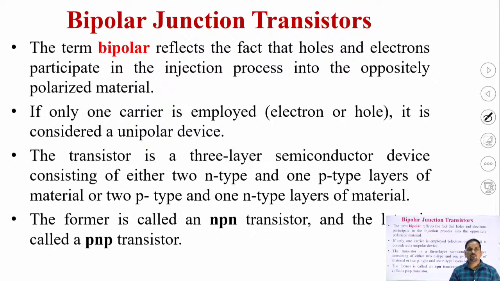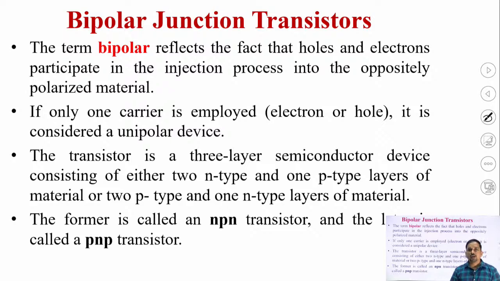First let me start with what bipolar stands for. The term bipolar means the flow of current due to different charge carriers, meaning the minority as well as majority charge carriers, the electrons as well as holes.